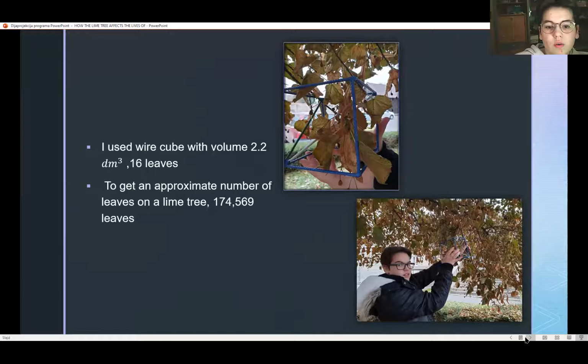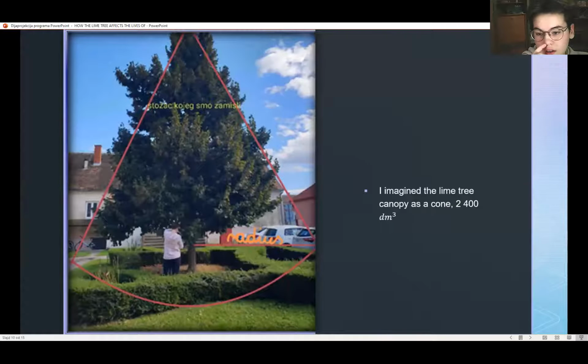So you can see that cone right here, the volume of that cone is 2,400 decimeters cubed. You can see the radius here and the cone itself.